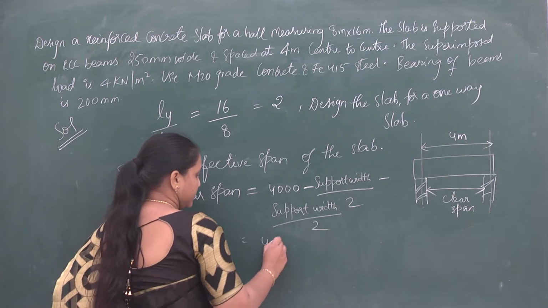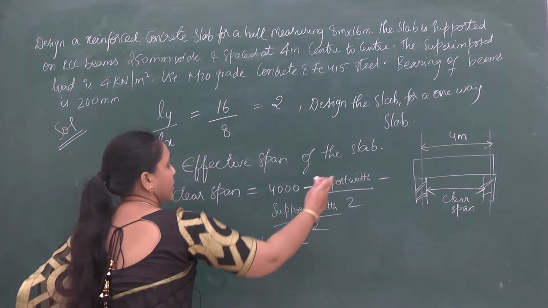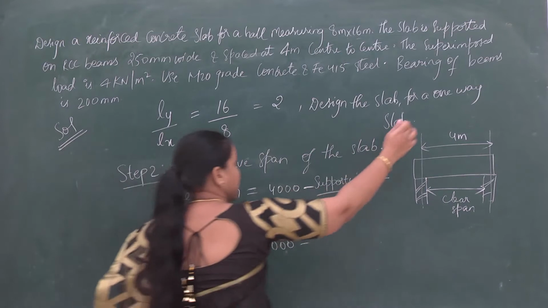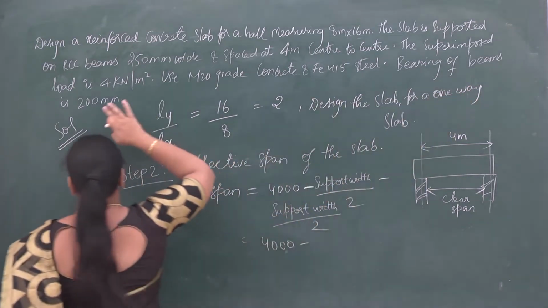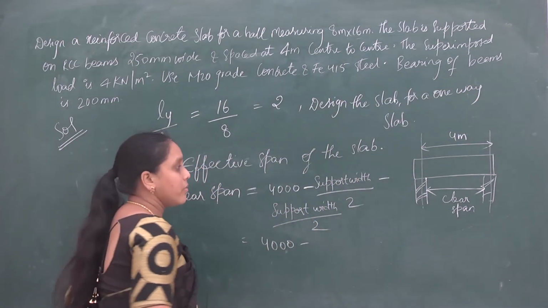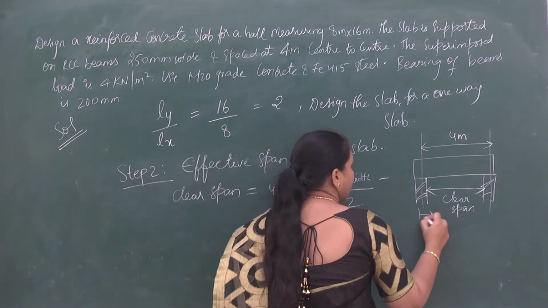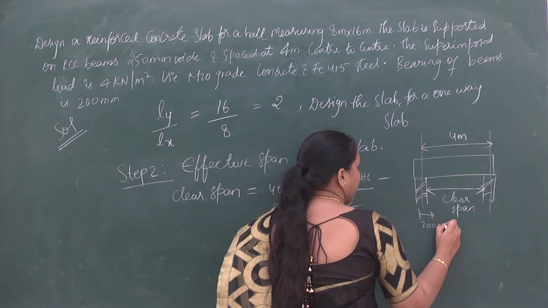So 4000 minus, what is the support width? In the question it is already given, the bearing of beams is 200 mm. That is, the support width is given as 200 mm.